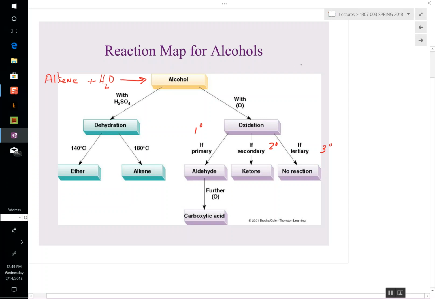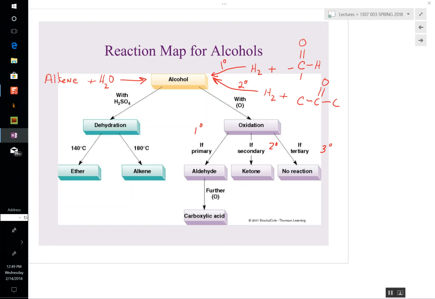And over here, if you take an aldehyde plus hydrogen, it will give you a primary alcohol. And if you take a ketone plus hydrogenation, you get a secondary alcohol. So at the top there are three ways of preparing alcohols.